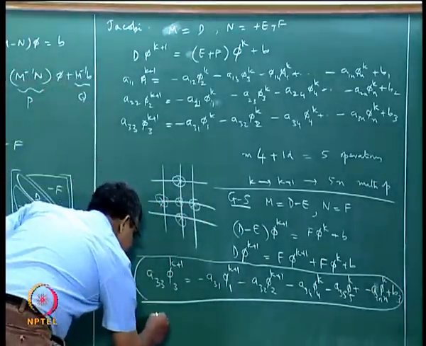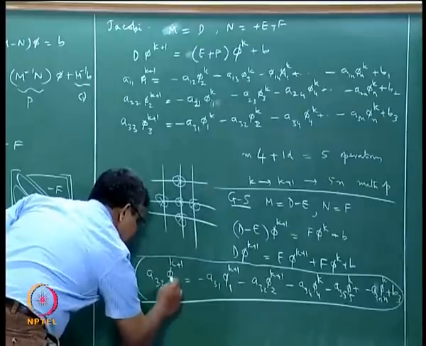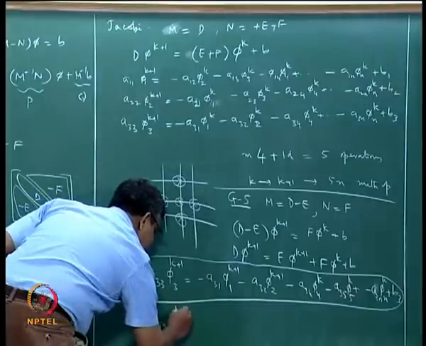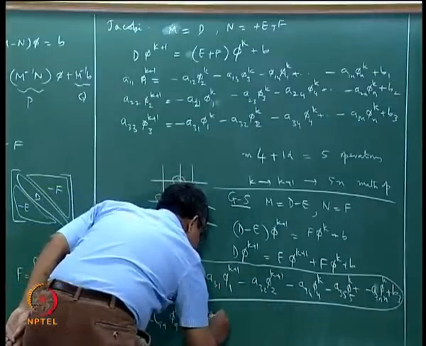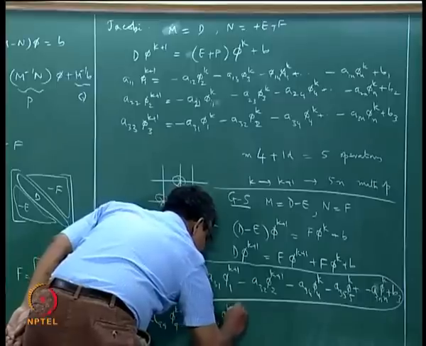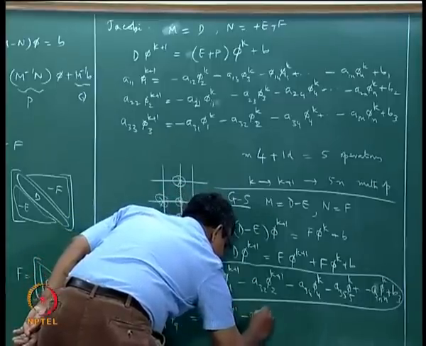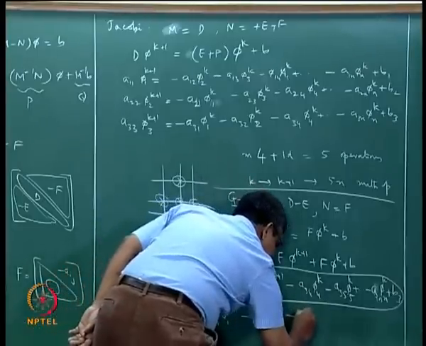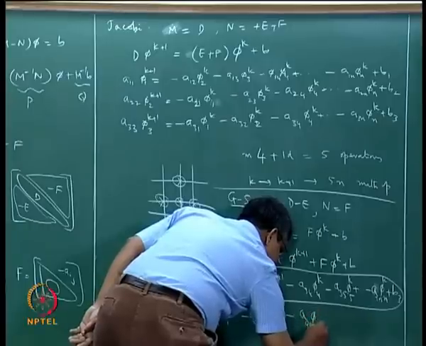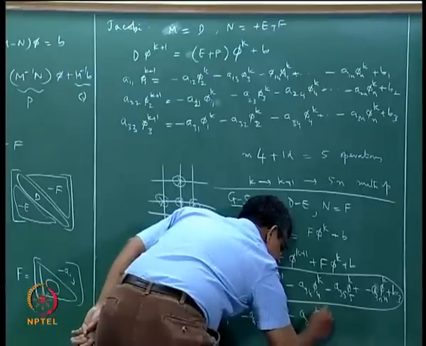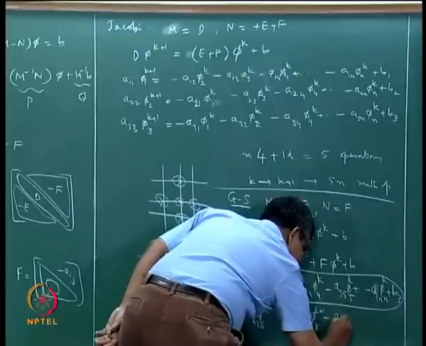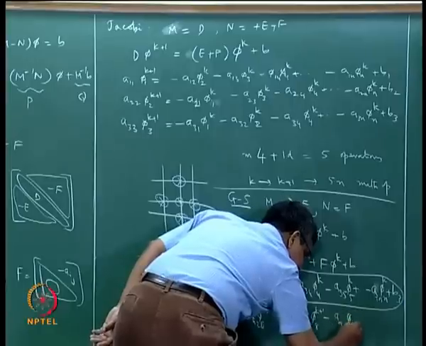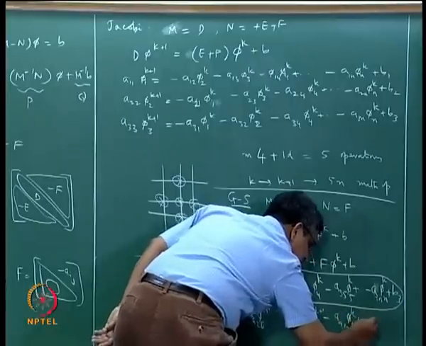If you look at, for example, the 9th variable, A99 phi 9 k plus 1 will be given by minus A91 phi 1 k plus 1, minus A92 phi 2 k plus 1, and so on, minus A98 phi 8 k plus 1, minus A9,10 phi 10 k, and so on like this.